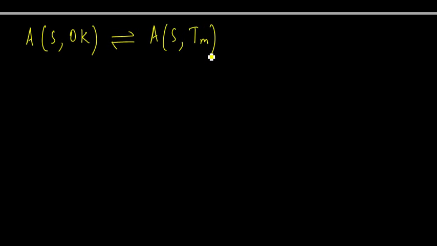Let's say A is a solid at 0 Kelvin, and then reversibly I heat it to solid at its melting temperature. Everywhere we are, let's say, at 1 bar, constant pressure.